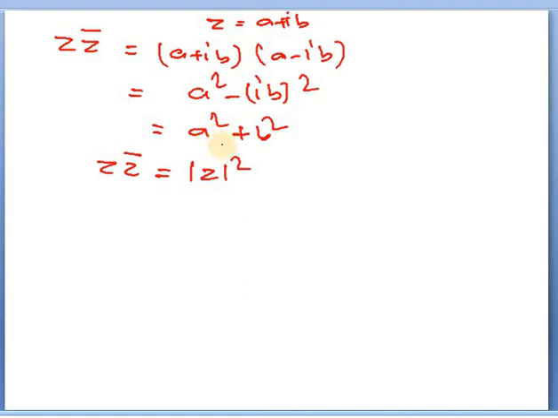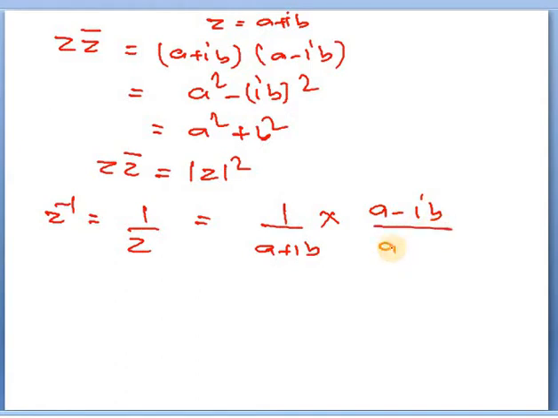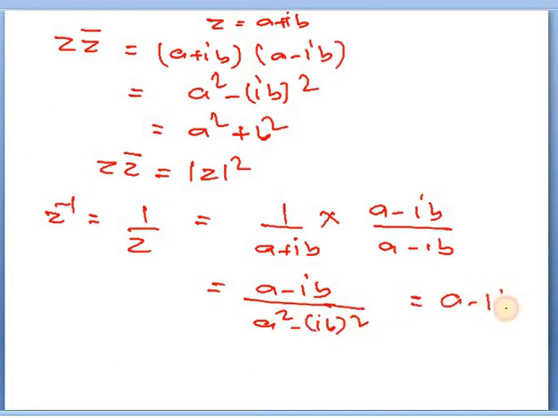Now, multiplicative inverse. What is the multiplicative inverse in the case of a complex number? It is denoted by z inverse, which we can write as 1 upon z. If z = a + ib, to find the multiplicative inverse, whenever there is iota in the denominator, we have to rationalize it first. So we multiply by a minus ib, and we can write a square minus (ib) whole square. So we get (a minus ib) upon (a square plus b square).